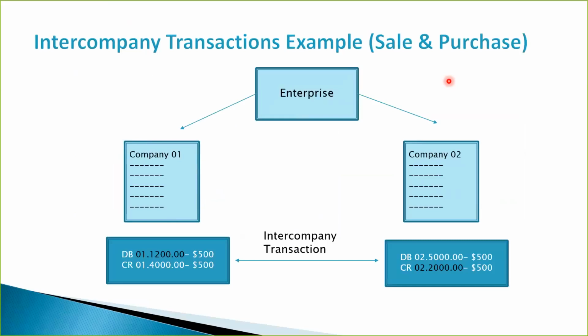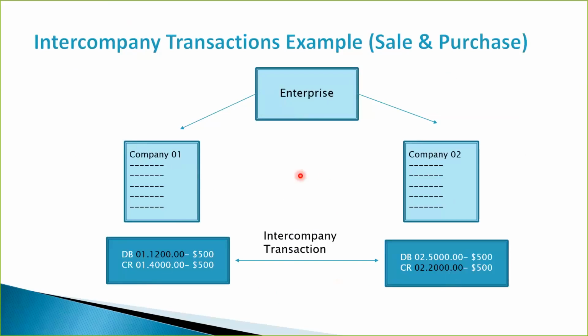They belong to the same enterprise. And in this transaction, what is happening? If you look at the journal lines that might be produced, company 01 is selling a good or service to company 02, okay? How do we know this?